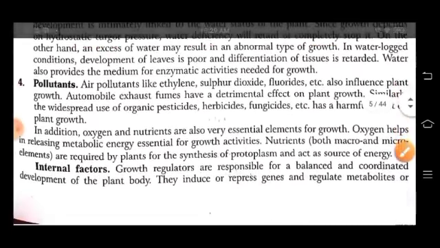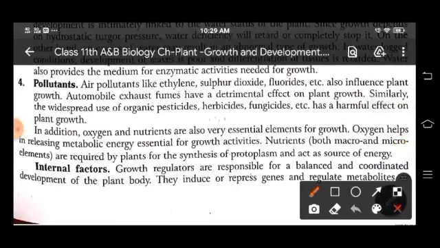Pollutants. Air pollutants like ethylene, sulfur dioxide, fluorides, etc., also influence plant growth. Automobile exhaust fumes have a detrimental effect on plant growth.